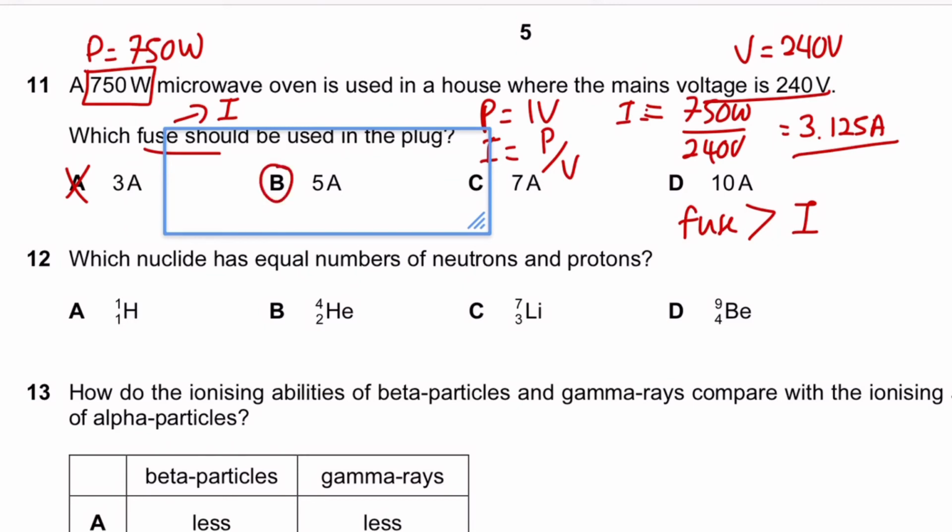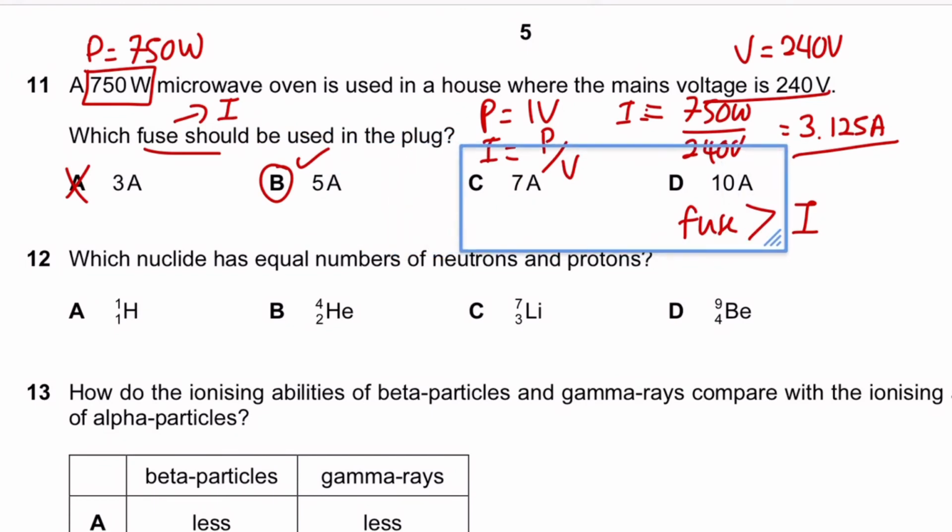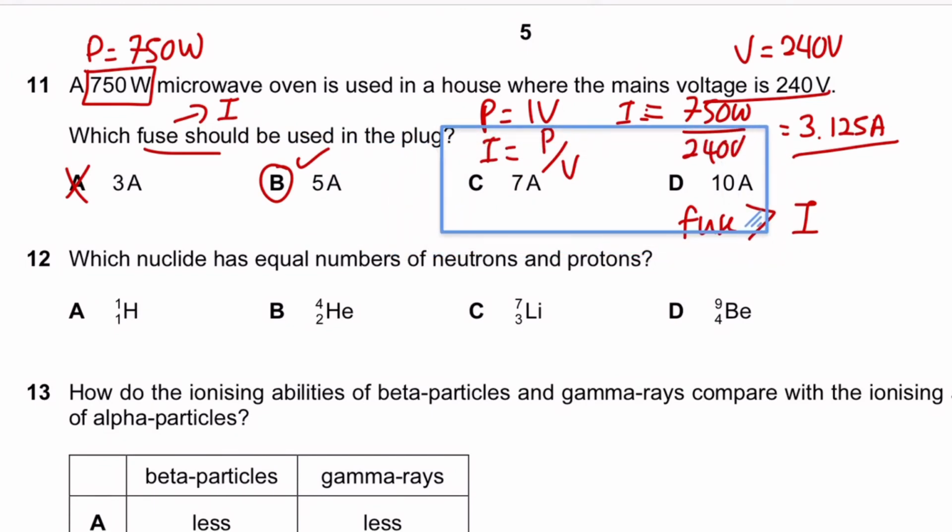So this is possible. Options C and D, it is too much of a fuse. What I mean is, the fuse rating must be greater but not too much greater than the current that is calculated here.